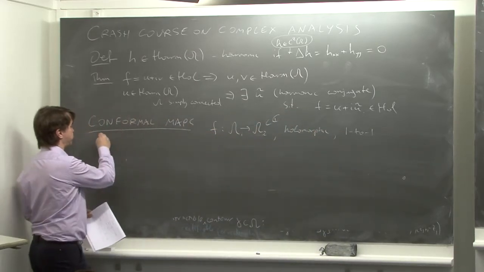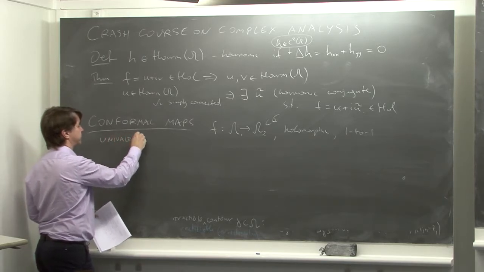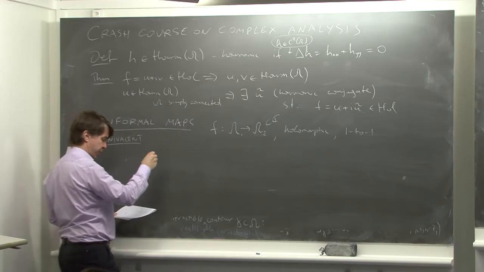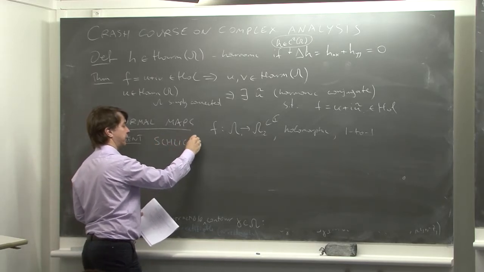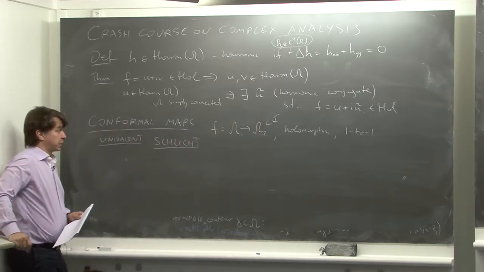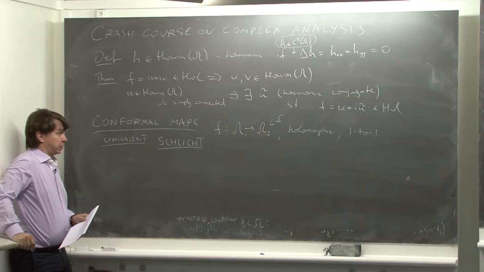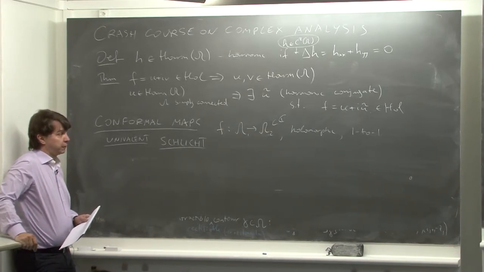The other words which I use are univalent. Again, there are several definitions, and there are several words. And also, people still often use the German word schlicht. So there are some books where they say schlicht functions, though it's rarer. So there are equivalent definitions.